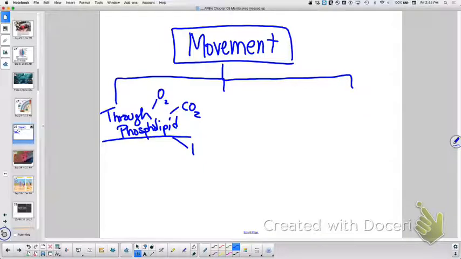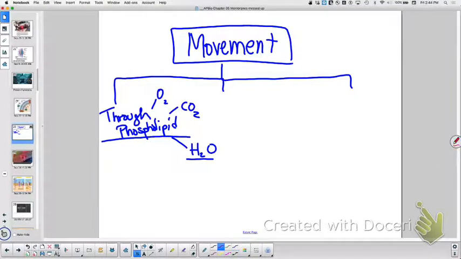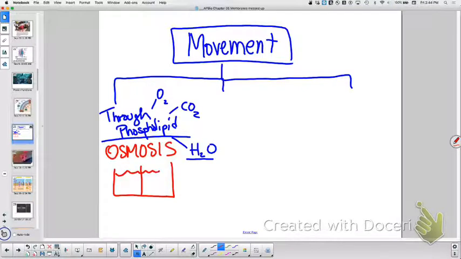O2, CO2. What is that? H2O. Now, once we start talking about H2O, what are we talking about? Do you see how this ties in? Okay. Then we want to talk about things like this, right? So let's describe.